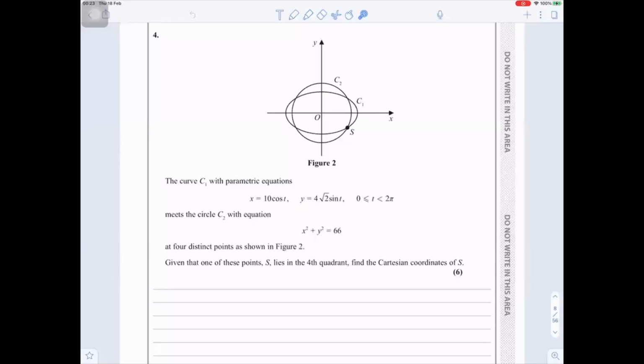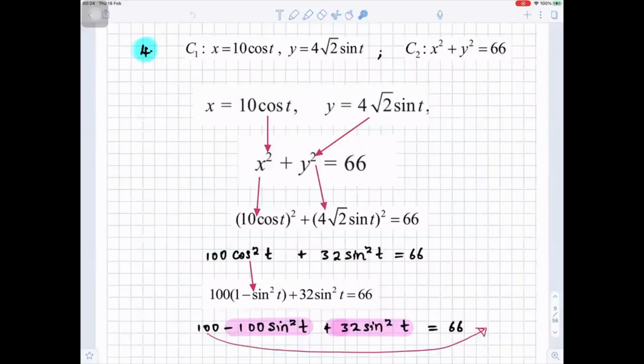Question 4. The curve C1 with parametric equations x equals 10 cos t, y equals 4 root 2 sine t, meets the circle C2 with equation x squared plus y squared equals 66. Given that one of these points S lies in the fourth quadrant, find the Cartesian coordinates of S. So for question 4, we have C1, the first curve, given in parametric form, and the second circle is given in Cartesian form.